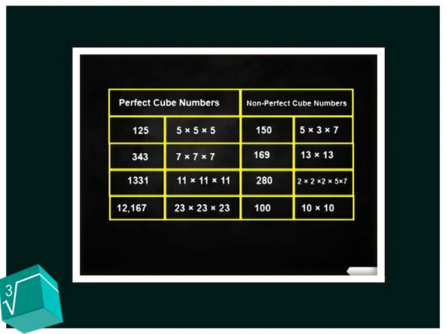I am going to provide you a table with perfect cube numbers and non-perfect cube numbers. You can see that the numbers on the right hand side of this table do not have exactly the same number of factors to give the number. But on the left hand side of this table, all the numbers are perfect cube numbers.